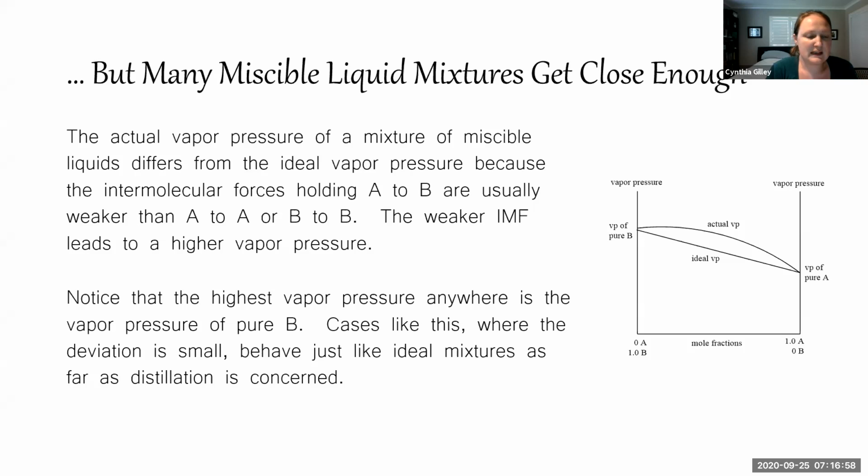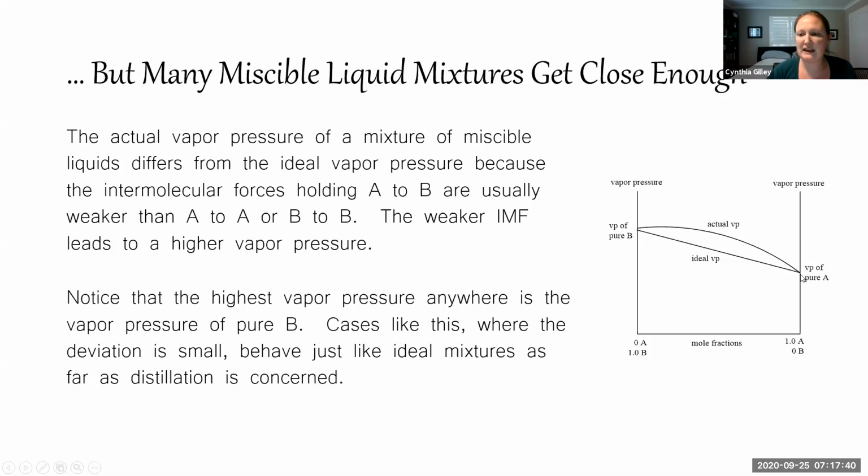If, for example, A is polar and B is not as polar, A would form a stronger attraction to another molecule of A than to B. So this is the likely situation, that the intermolecular forces holding A and B together are weaker than A to A or B to B. So if the intermolecular forces are weaker, it's going to be easier for those molecules to enter the gas phase, which will create a higher vapor pressure than expected, because intermolecular forces are not ideal like you would see with a straight line.